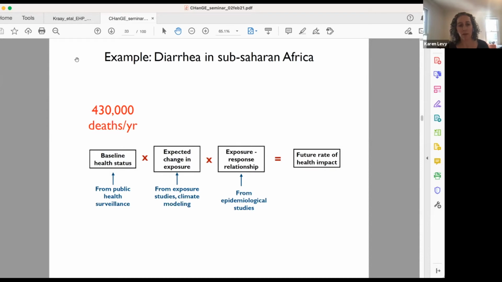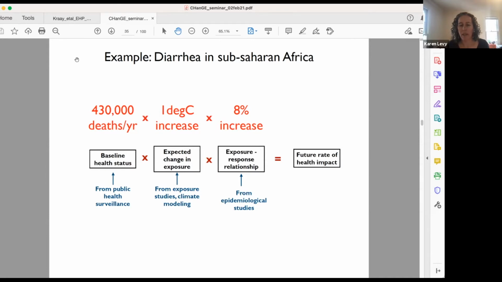So 430,000 deaths per year. And then let's say you have a 1 degree Celsius increase, and that's your expected change in exposure. And that's associated, through these epidemiological models, with an estimated 8% increase in diarrhea for a 1 degree Celsius increase.